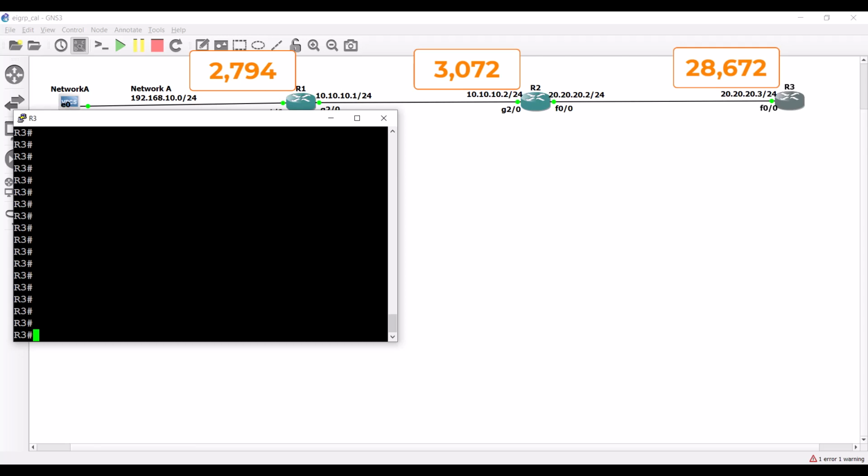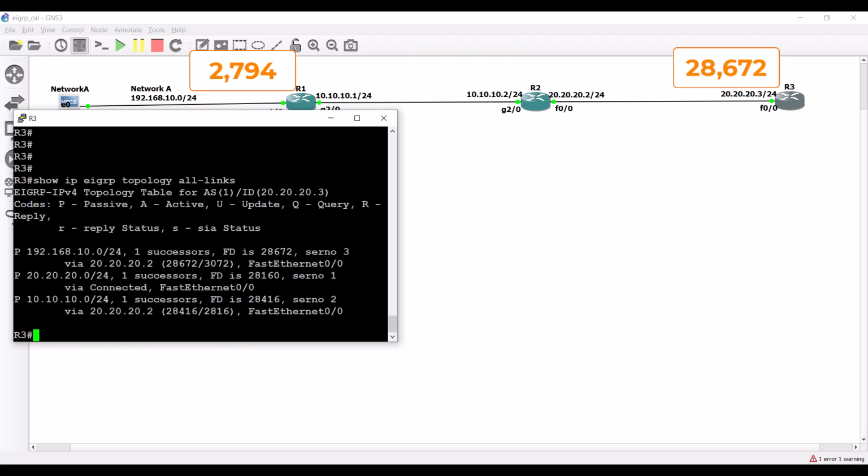We're going to show TT or topology table, all links. Here we go. You can see the feasible distance for network A, and as you can see the metric for this network in router 3 is 28,672, and we did it. We calculated the metric right.